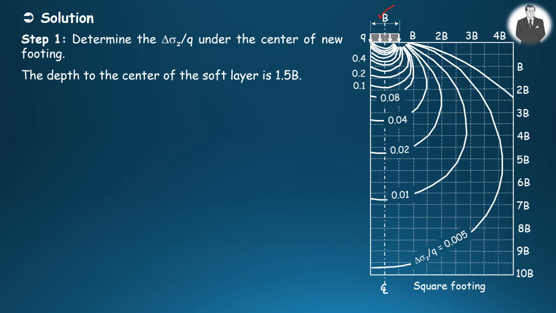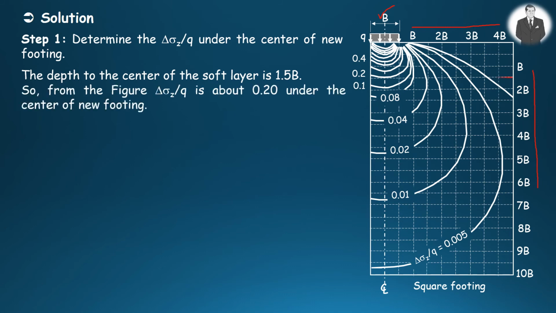Notice that the horizontal and vertical distances are arranged in terms of width of footing. So, from the figure, delta sigma z over q is obtained as 0.20 under the center of the new footing.